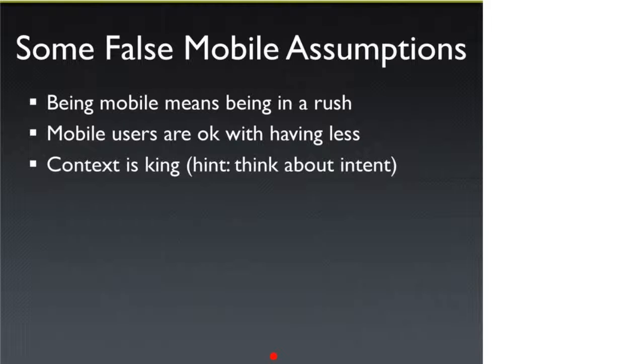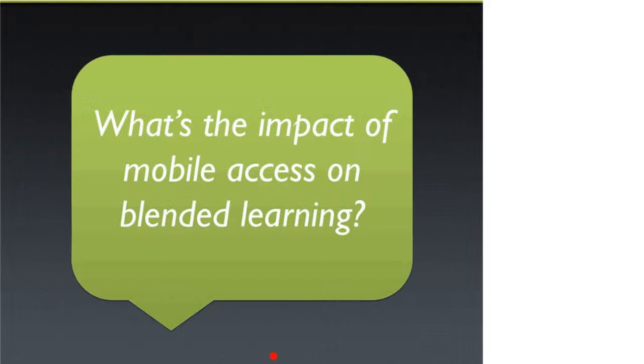I think context is really tough to guess and tough to deduce, but we definitely can think about intent. What is the intent of the user or the student trying to do with the mobile device at the time? So those are a couple of false mobile assumptions, I think, that I've blown through, and I see the world quite differently after leaving those behind.